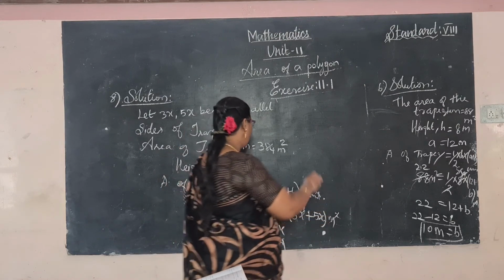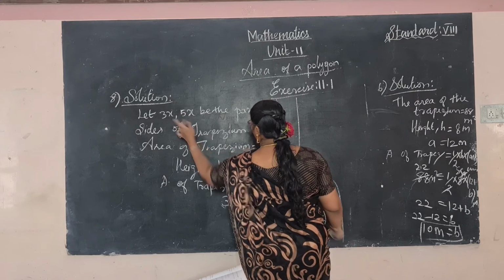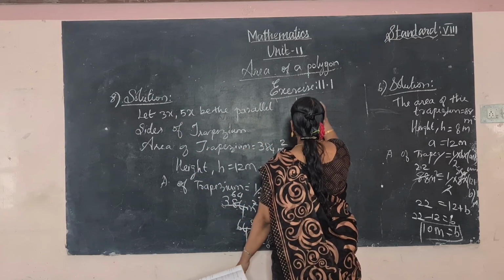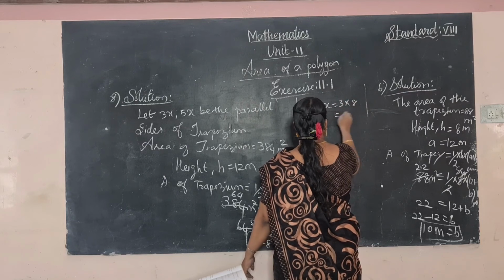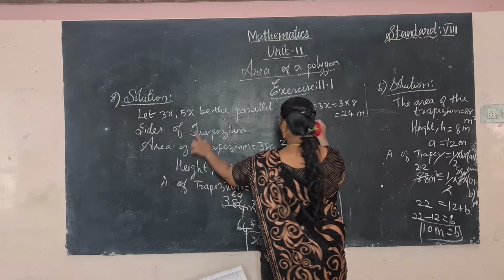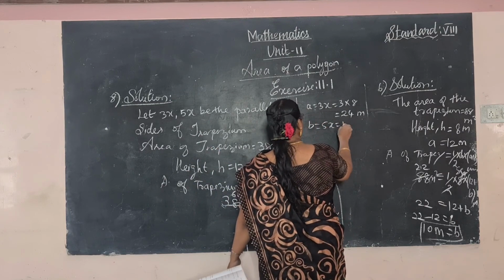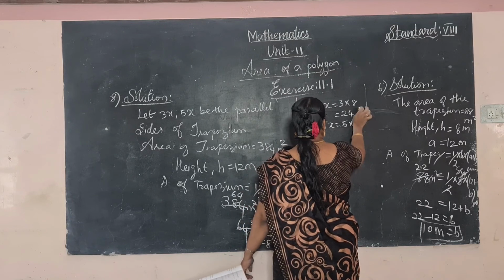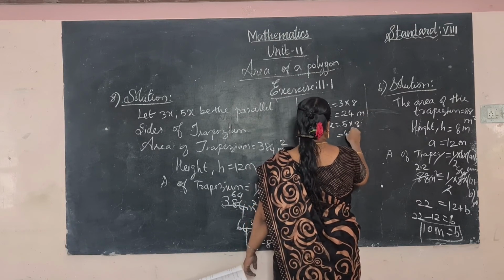Okay. Now find out each parallel side. So a equal to 3x is equal to 3 into 8, 24 meter, and next one b is equal to 5x equal to 5 into 8, so 40.